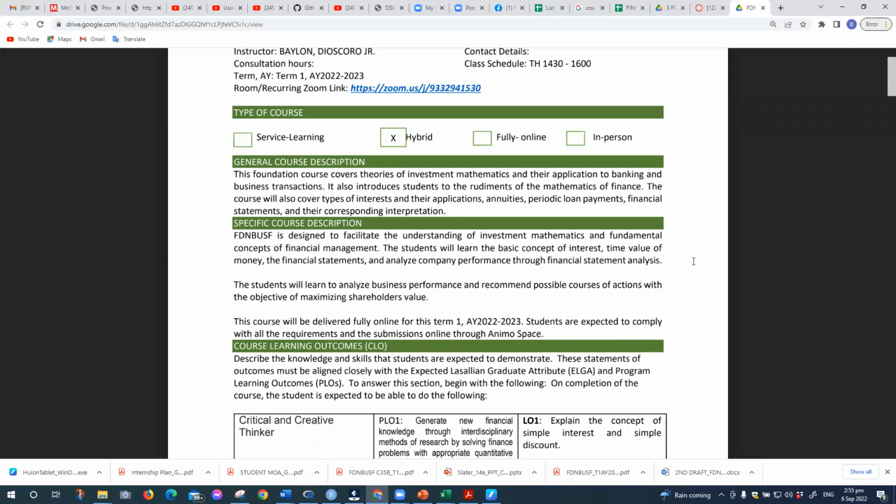As I said, it's designed to help students appreciate more investment mathematics. For sure, if you're going to follow that corporate path, the corporate ladder, even if you're in the marketing field, if you're employed, then of course you'll be able to earn revenues, earn income.